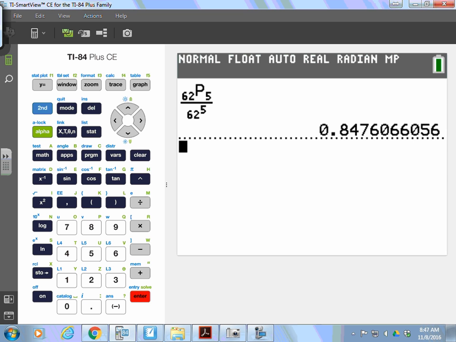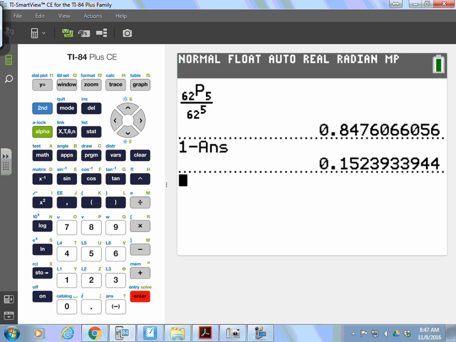There's the probability that everybody chooses a different one. And then we're going to do 1 minus that answer to find the probability that at least 2 people choose the same one.